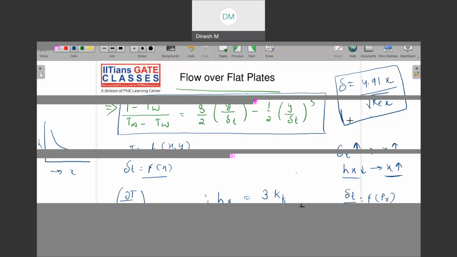Can you see now that if you know your temperature distribution, then you can find out your Nusselt number, right? So Nusselt number is hx into x upon what? Okay. If I know how to write hx, then I can write down my Nusselt number also.